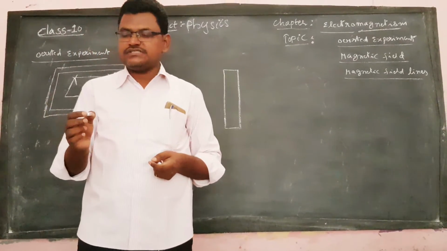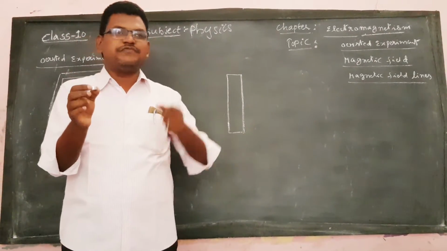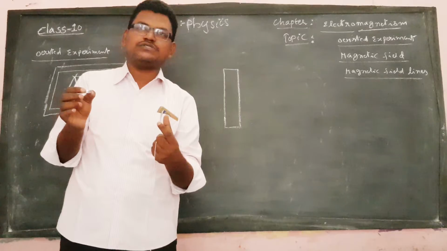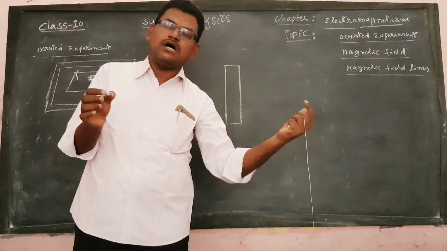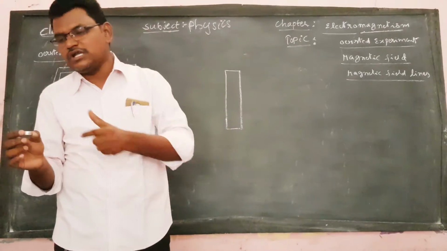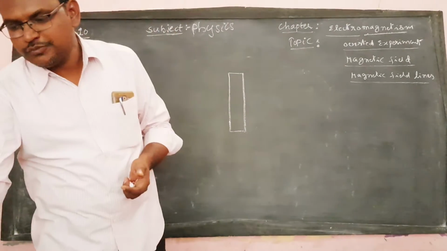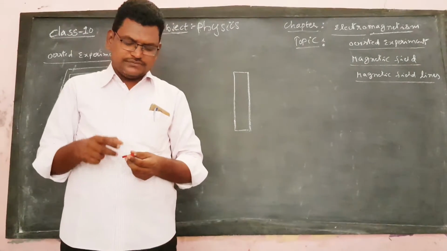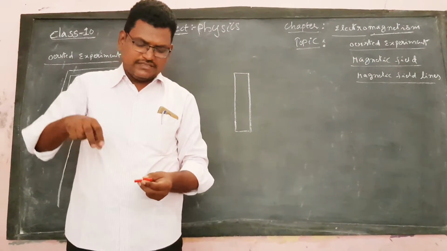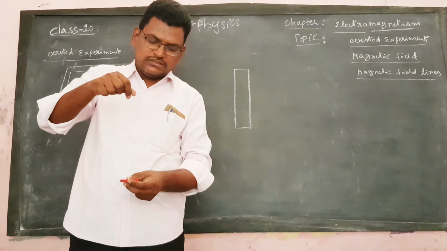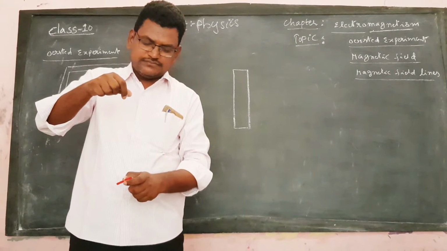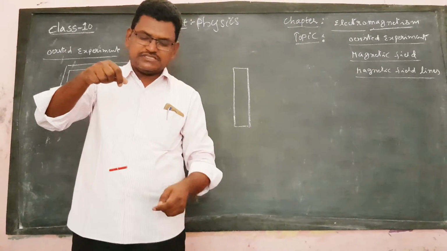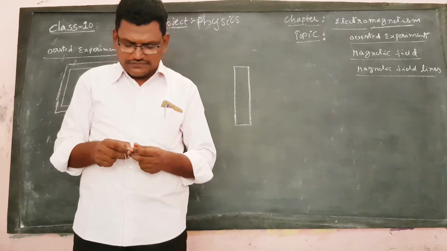A freely suspended magnet always shows the north pole of the earth and the south pole of the earth. Now see here, this is a magnet suspended freely by means of a thread.